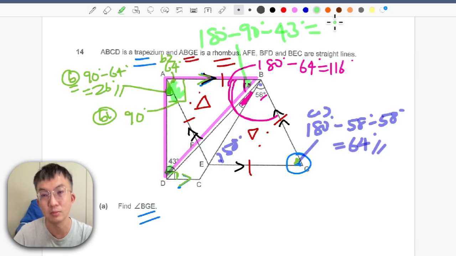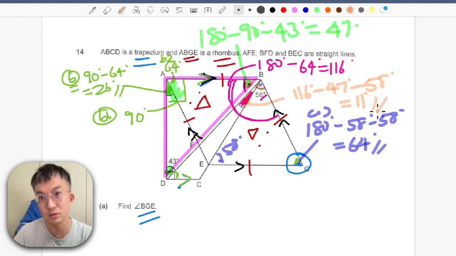And this is 47. Okay, so in short, to find the answer that we want is just 116 minus 47, which is here, and minus 48, which is here. Okay, and your answer is 11 degrees. Right? Okay, so in short, make sure that whatever they give you, you must use it.